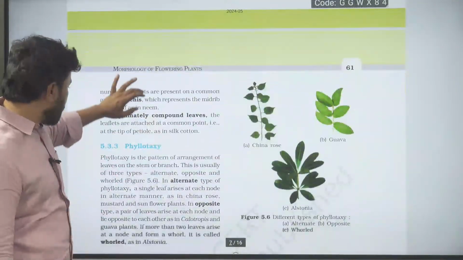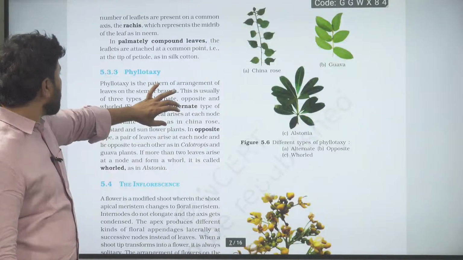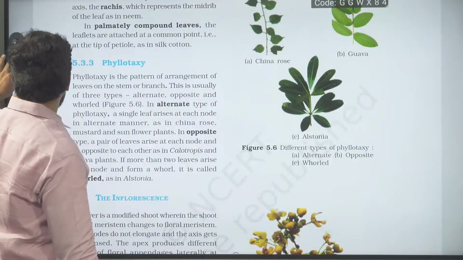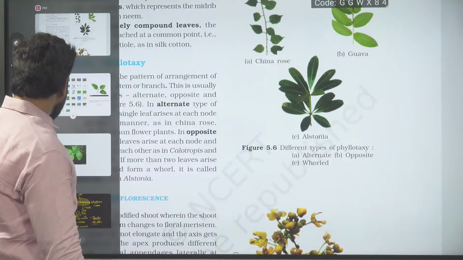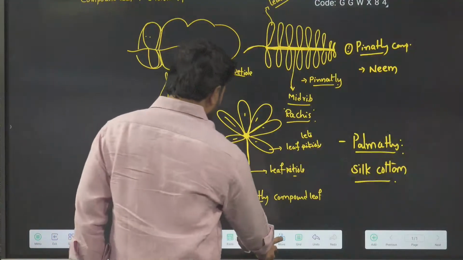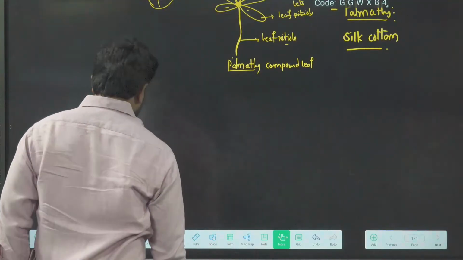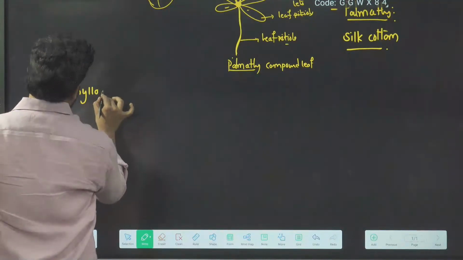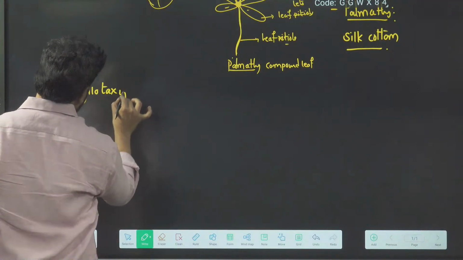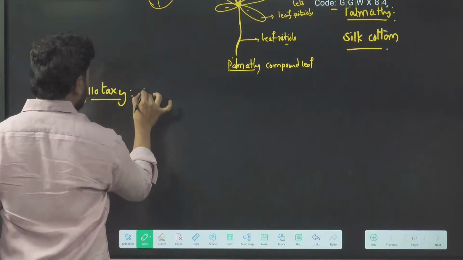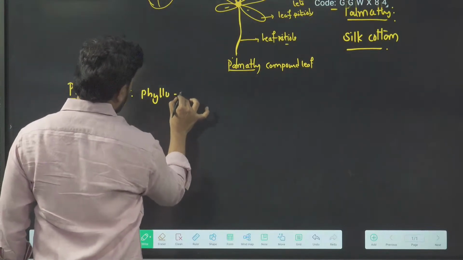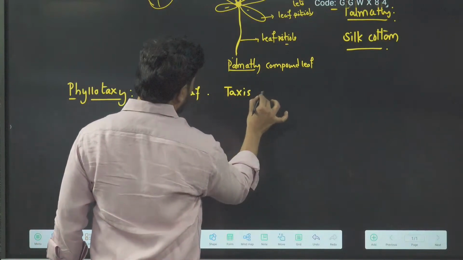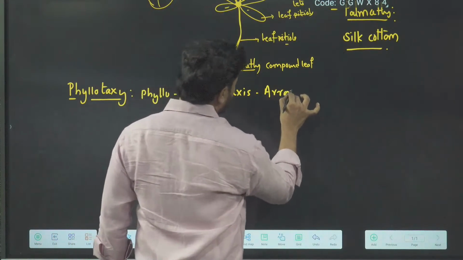After types of leaf, we will see a consideration called phyllotaxy. Another concept related to the leaf, phyllotaxy. Phyllo means leaf, taxis means arrangement.